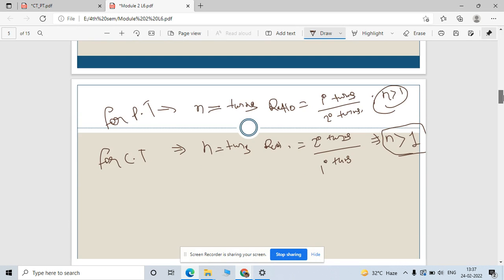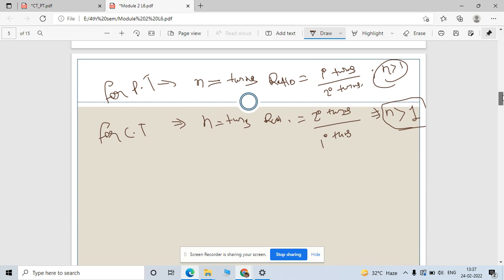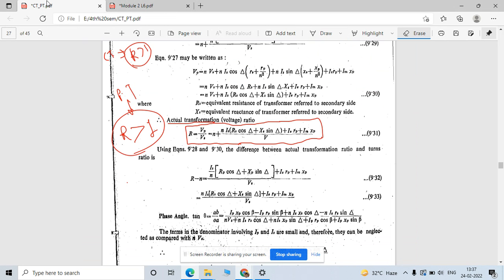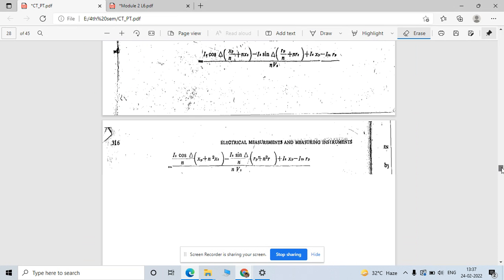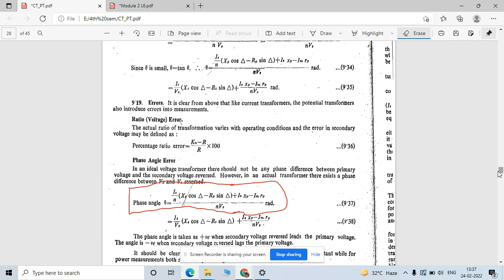And what is the angle of this phase angle error? Please note this as well, which is nothing but your theta. If you see here, this is your actual ratio, and this is your phase angle.